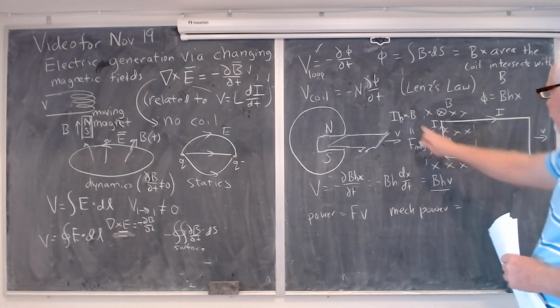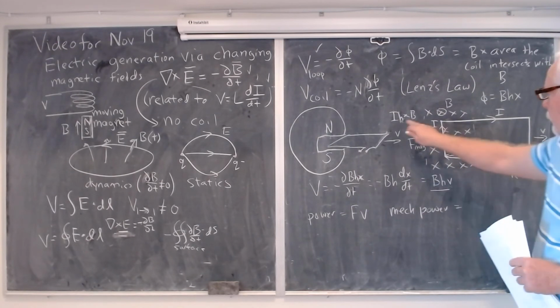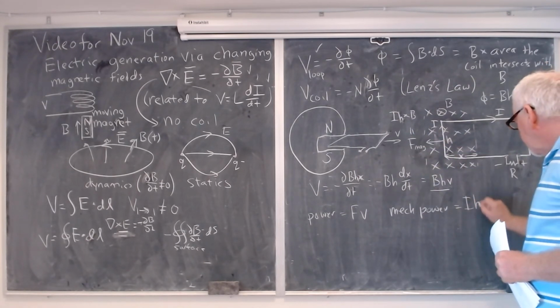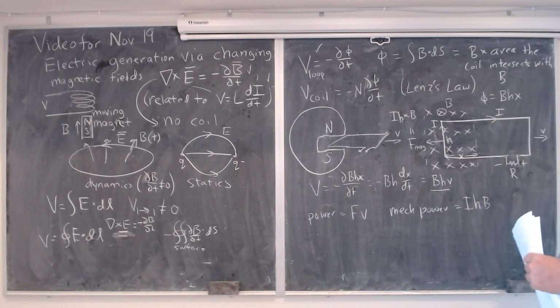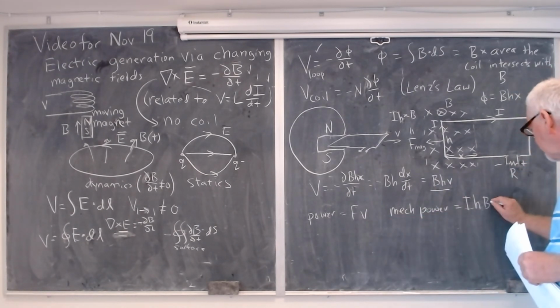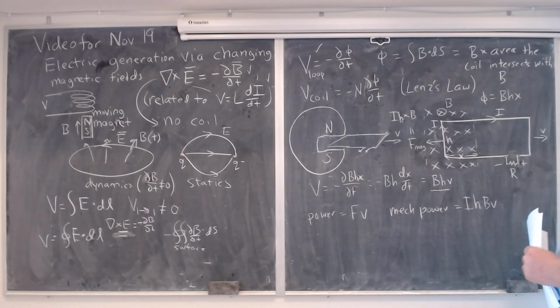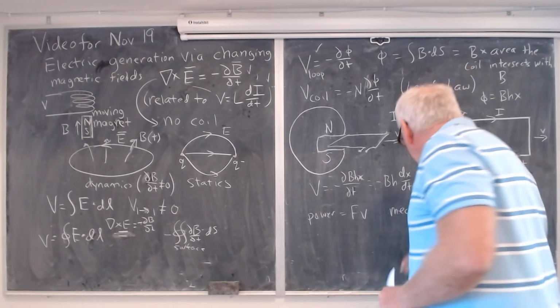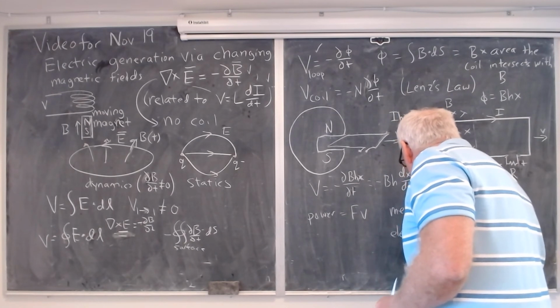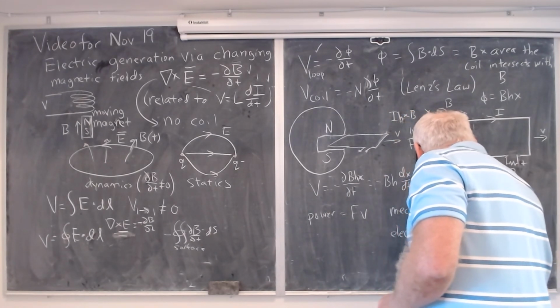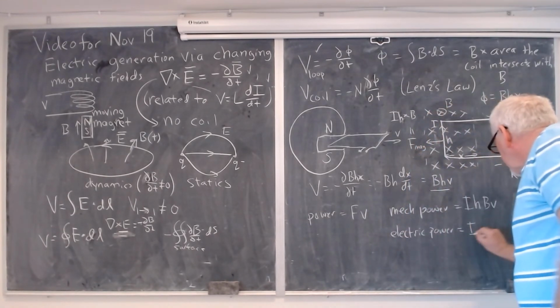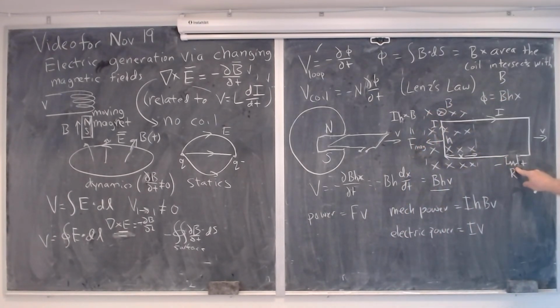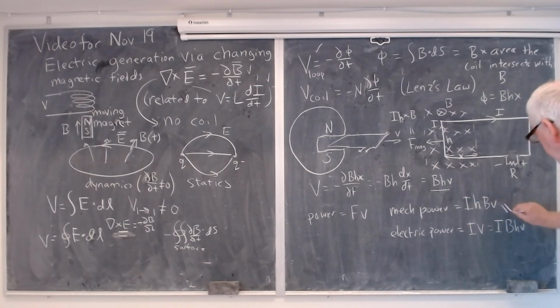It is equal to the force IHB, that's the force, times the velocity v. Now electrical power is IV, the power I'm producing in my resistor. But we know the voltage is BHv, so that's I BHv, and they're equal.